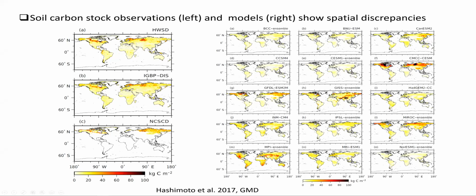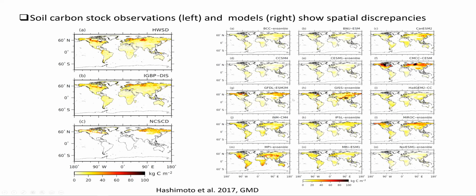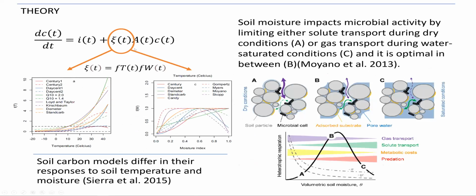When you see these different models on the right, which are estimates on a global scale, compared to global level data on the left, you see, for example, that the most carbon is in the boreal zone for peatlands, and there are quite large spatial differences between these models and this data. So we ask what could be the reason for so many models and so many spatial differences.